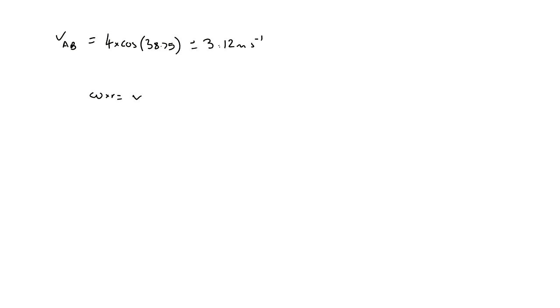So tangential velocity divided by the radius will give us the angular velocity. Our radius is 96.44 millimeters.